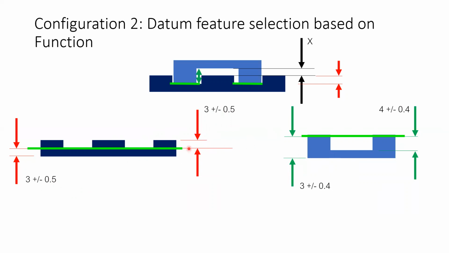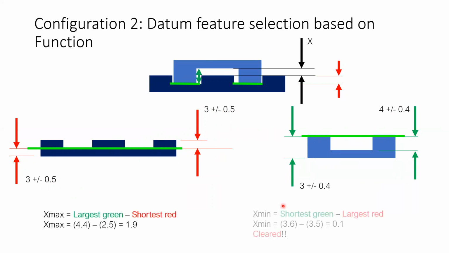We are just changing the baseline that we are using as a datum. So from this baseline in green and from this baseline in green with dimension, if we perform the stack up analysis again, we will get a smaller variation than before for the maximum, and also for the minimum.